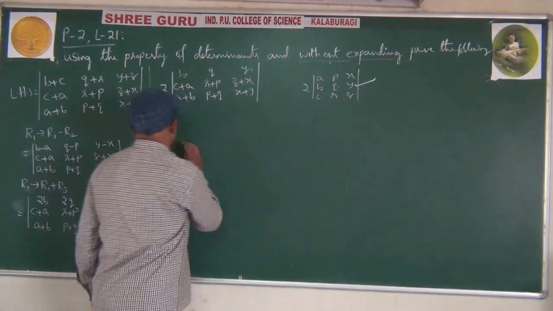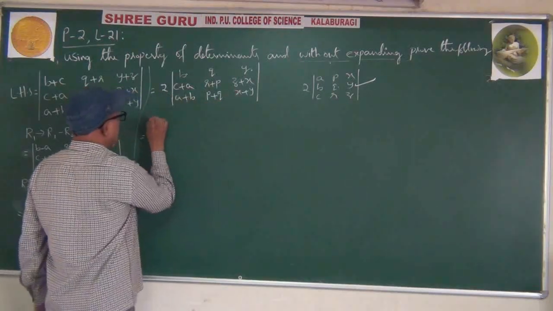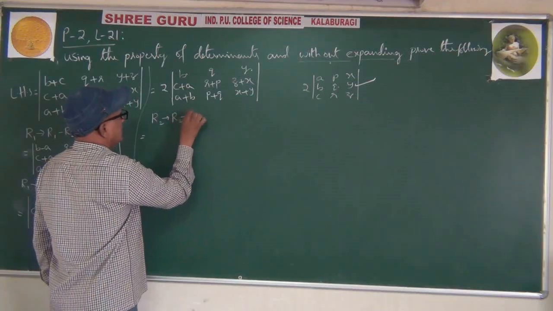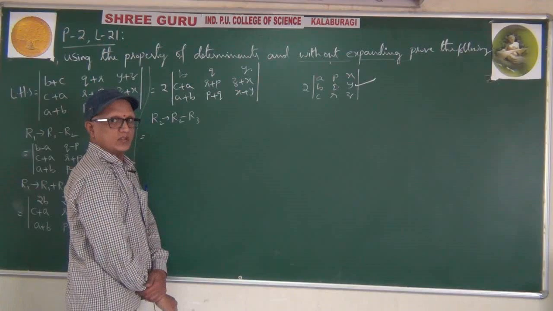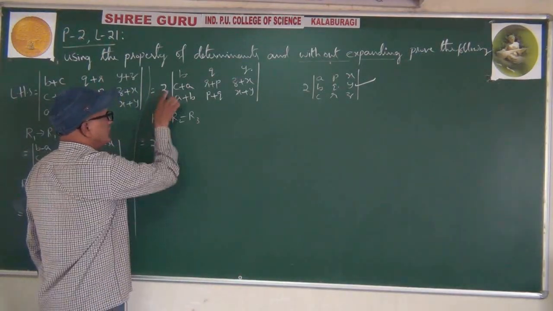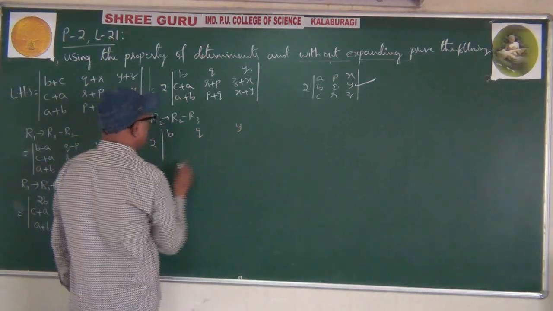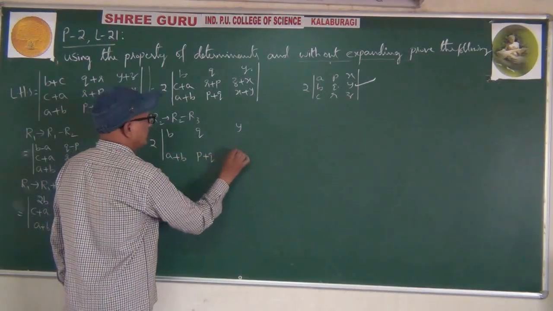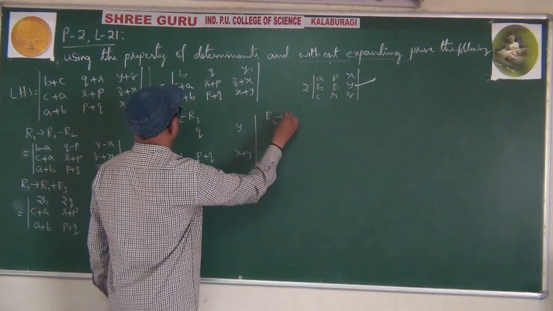Let us see the second row. Now I am going to change the second row. How am I changing it? Second row minus R, that is R2 minus R. Nothing happened to the first row and the third row. What is the second row?